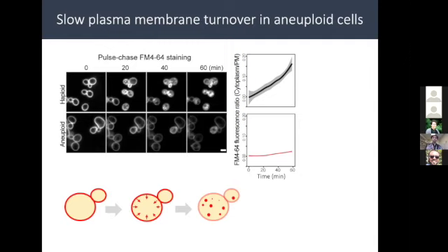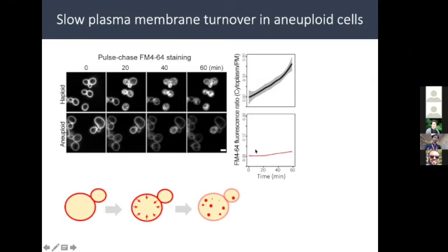But if there is a physical force pushing the membrane, that means the membrane proteins cannot endocytose or internalize very well. So we stained the cell membrane lipids and tried to observe their internalization, and we indeed can see there is a delay or completely compromised membrane internalization.